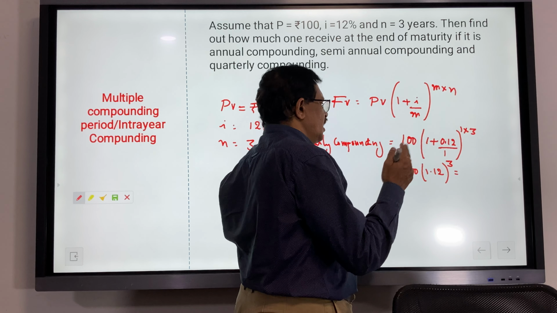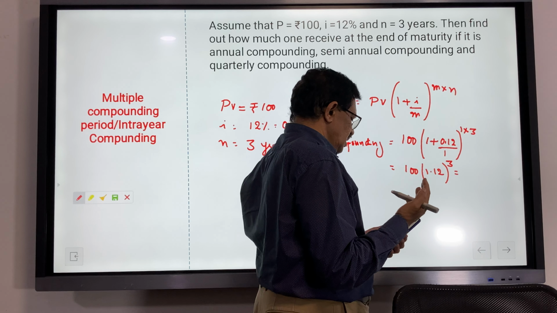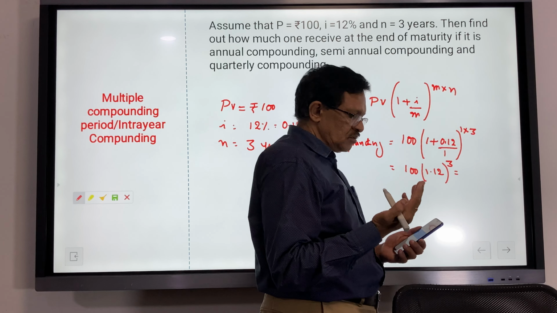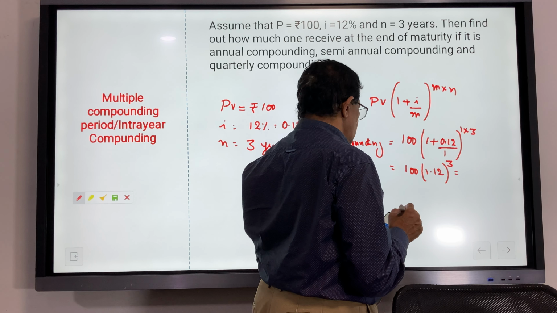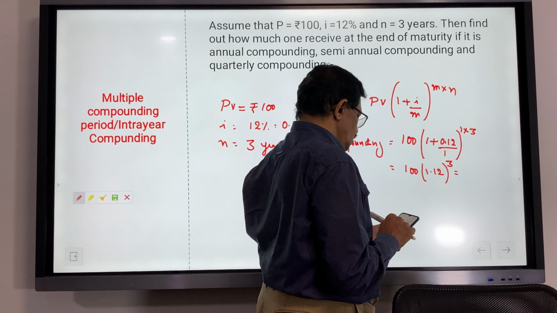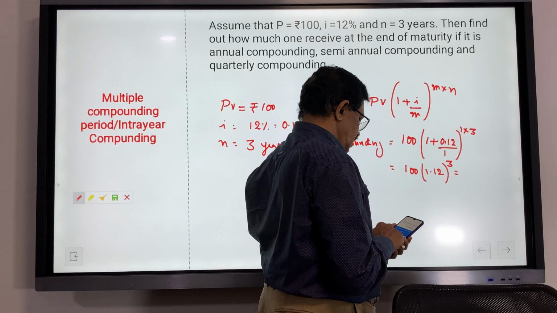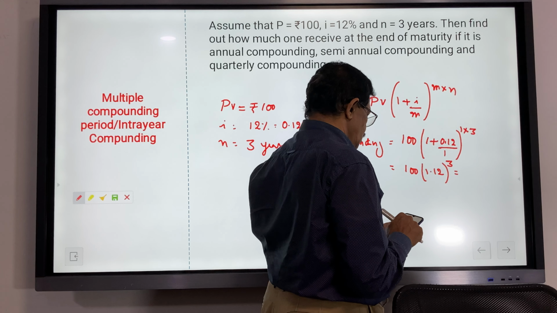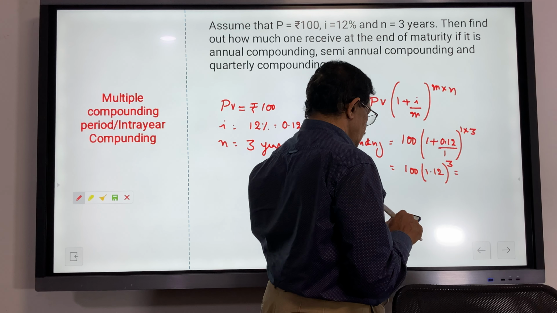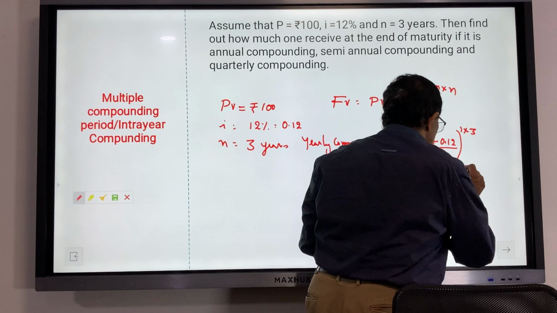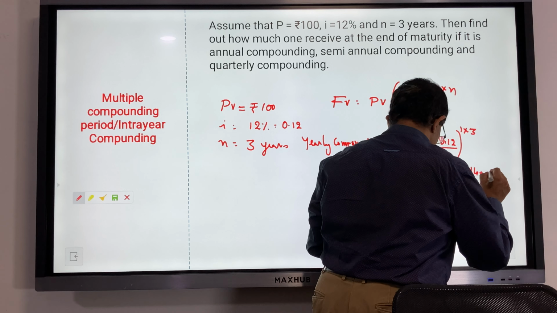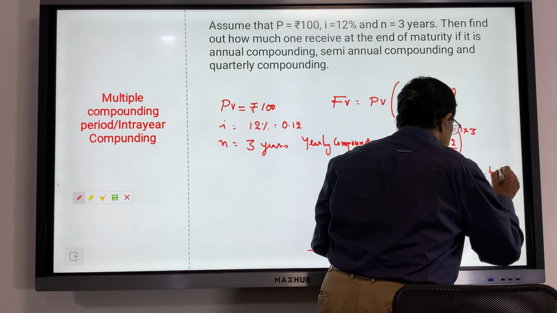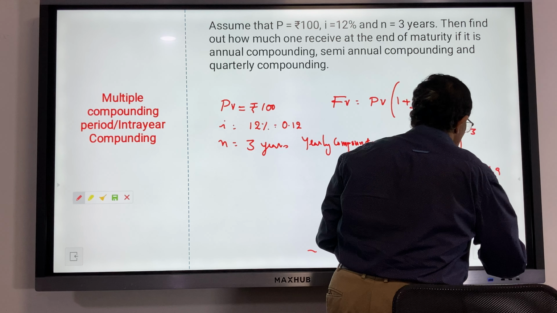You can take a scientific calculator, or you can take the table values here. So it is equivalent to 100 into 1.40, that will give you an amount which is equivalent to 140.4956. This is the amount which you are going to get.